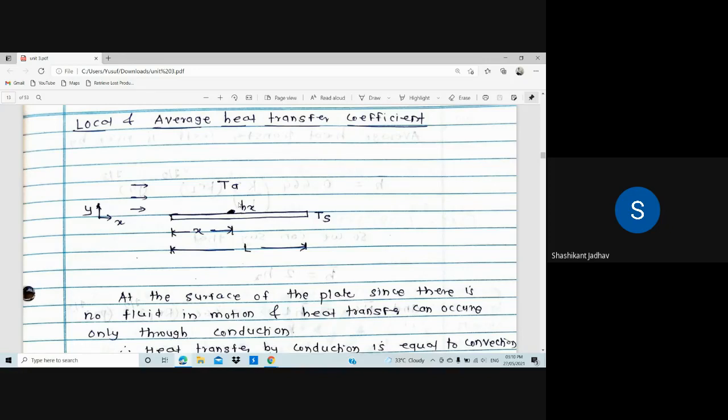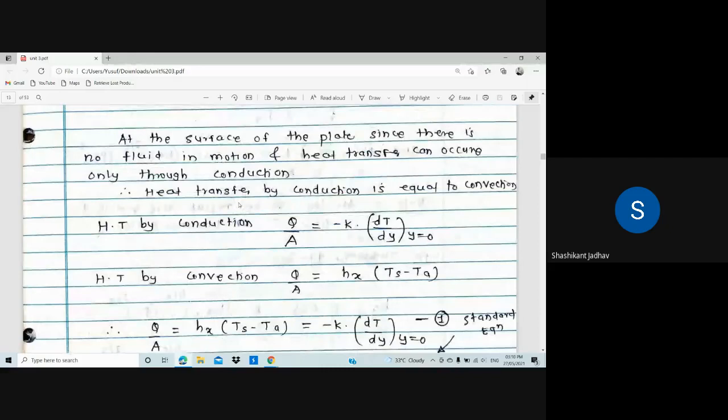And heat transfer can occur only through conduction at the surface of the plate, since there is no fluid in motion.